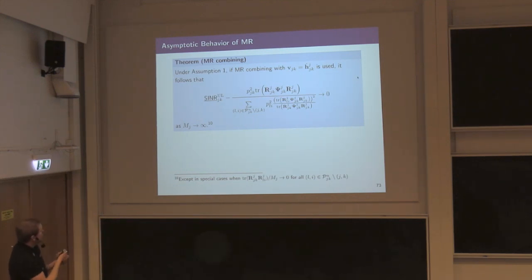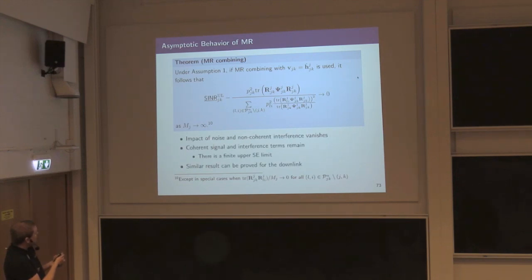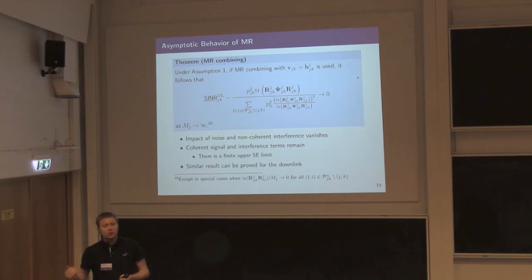So this shows that the impact of noise and non-coherent interference vanishes while the coherent signal and the coherent interference terms remain, and therefore in most cases this will become an upper spectral efficiency limit. As you add more and more antennas, you converge towards a limit that is determined by the covariance matrices of the users, how they are generated.